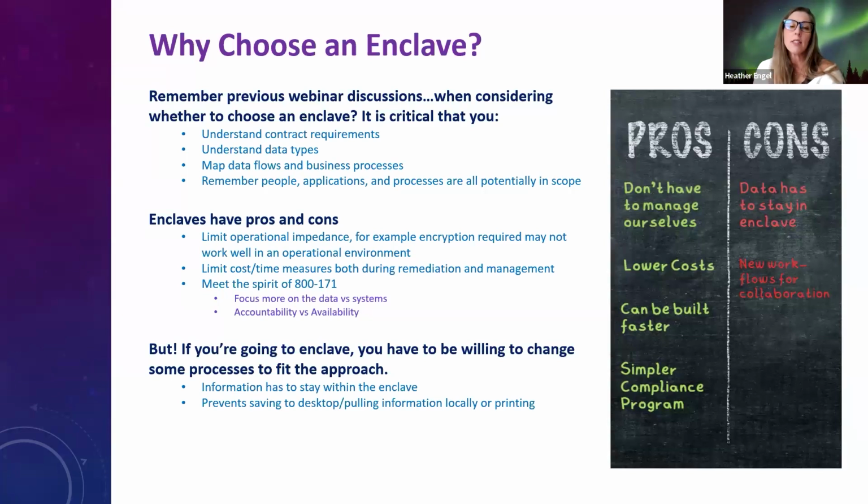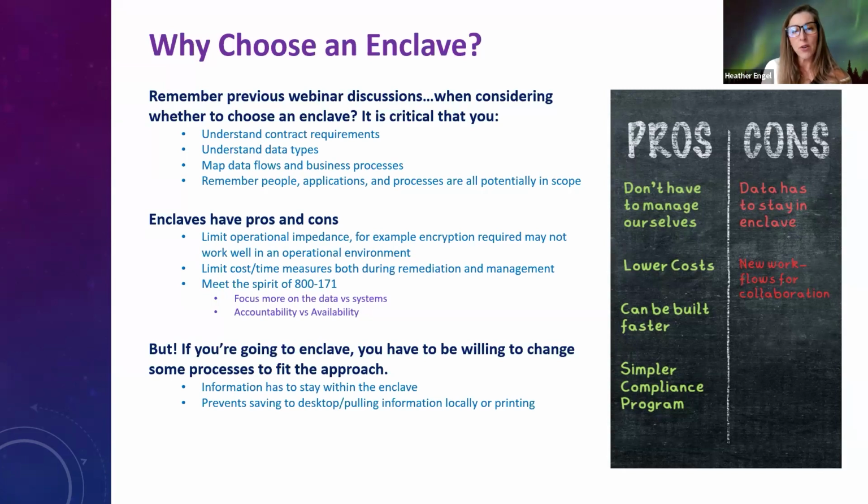So just remember some of the pros and cons. We can really limit the cost and the time during the remediation and the management. We can reduce our scope pretty dramatically. We can outsource some of the security to organizations that have a very good understanding of NIST 800-171, whereas your managed service provider may not have that good of an understanding, particularly when it comes to meeting the spirit of the controls.